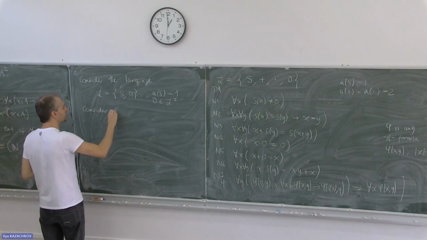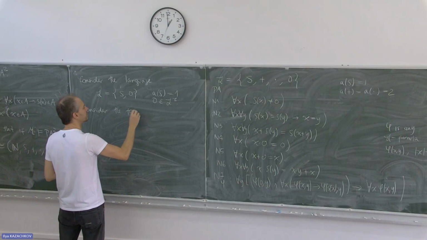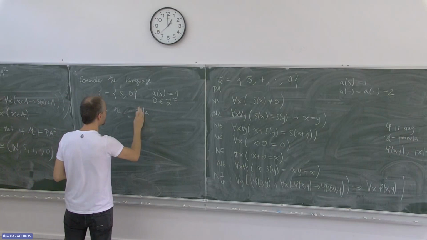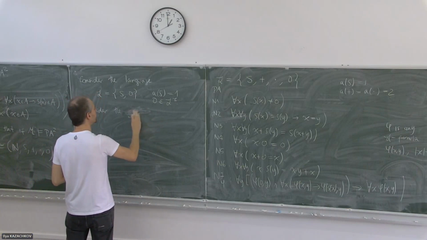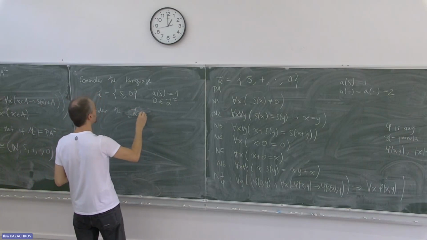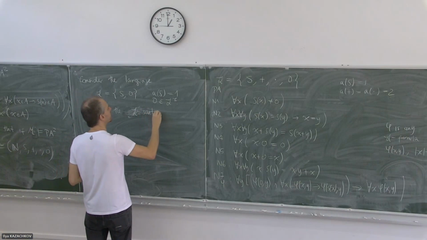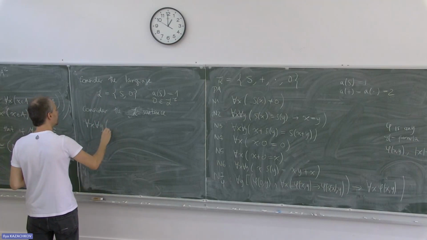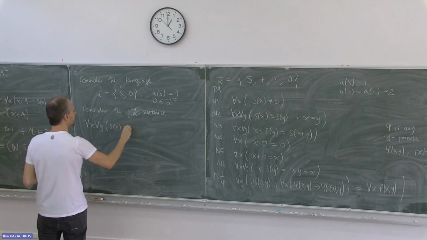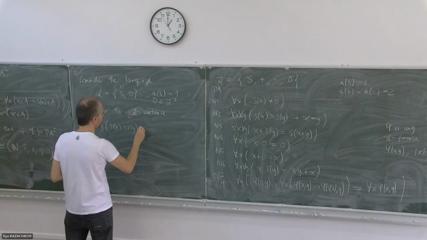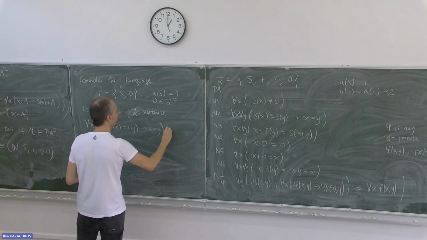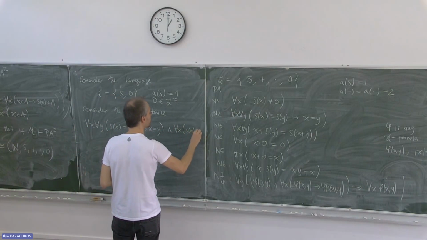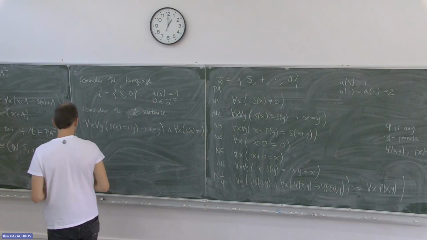Doesn't matter, consider the sentence actually, the L sentence: for every x, for every y, Sx equal Sy implies x equals y, and for every x, S of x is different than 0, right?